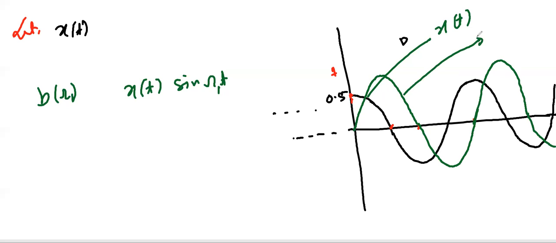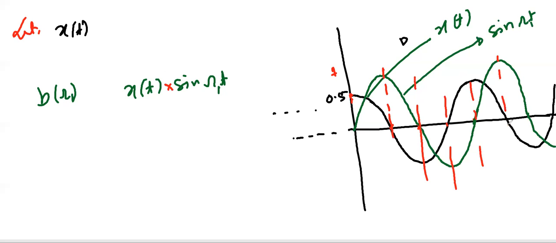So this is now sine omega t, omega 1 t. And now what would be the next step? Next step is a multiplication. So again, we can multiply in different portions so that we can understand the process.